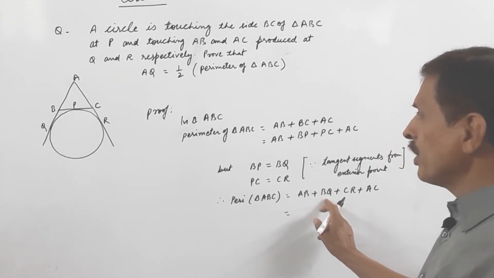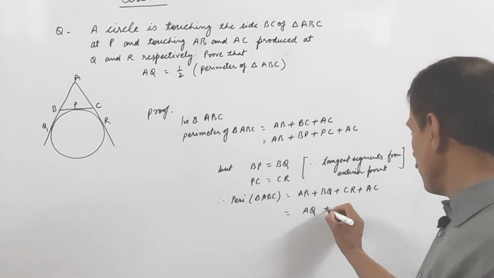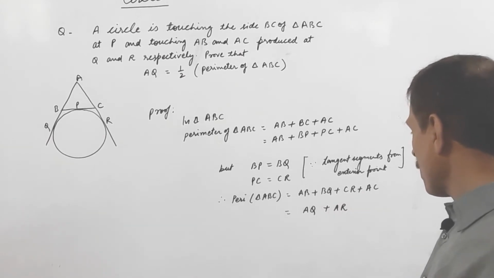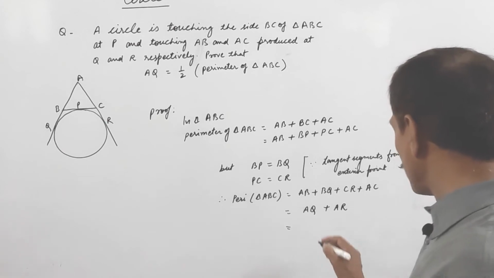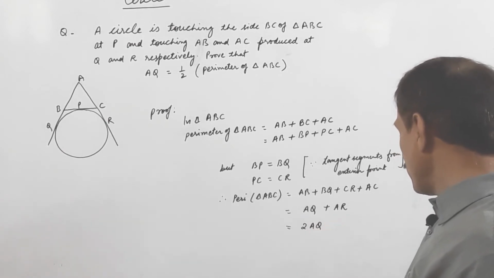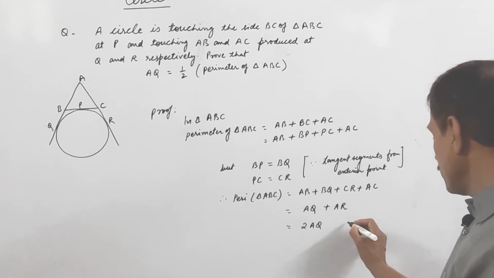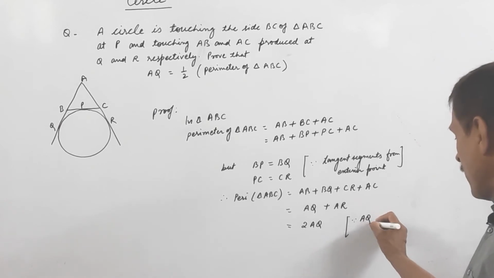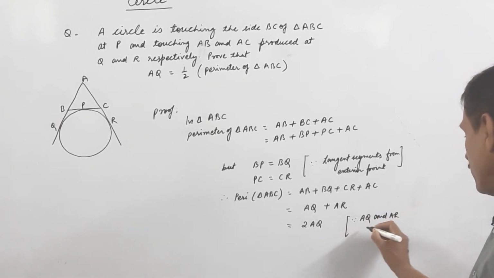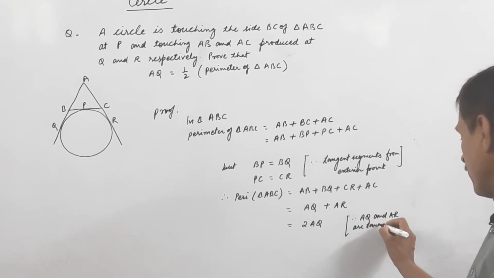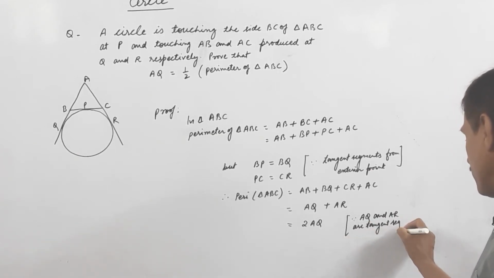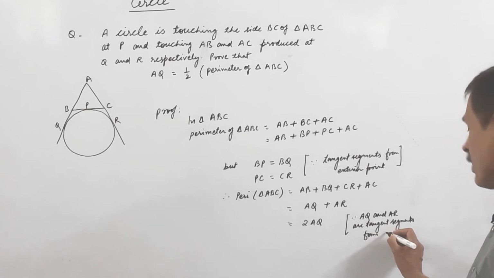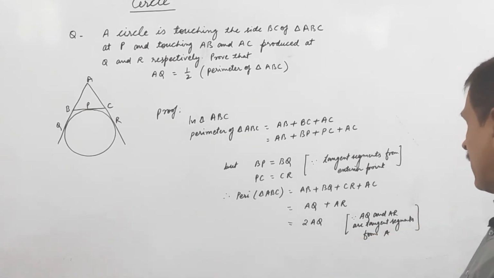AB plus BQ is equal to AQ, plus CR plus AC is equal to AR, or we can write it as twice of AQ, because AQ and AR are tangent segments from A, and these are of equal length.